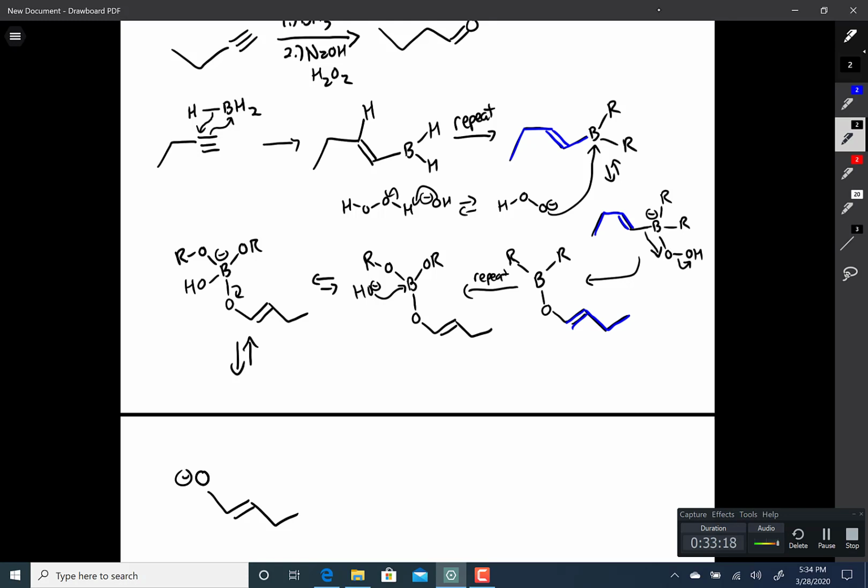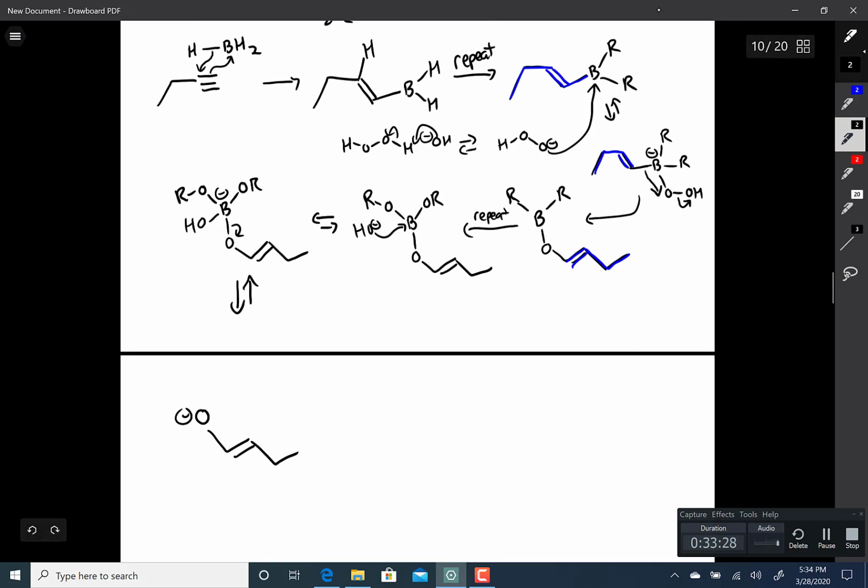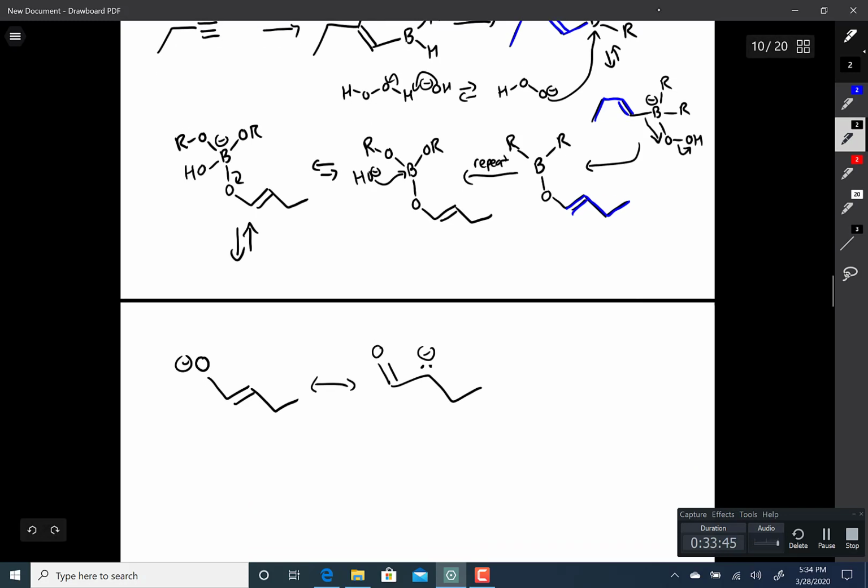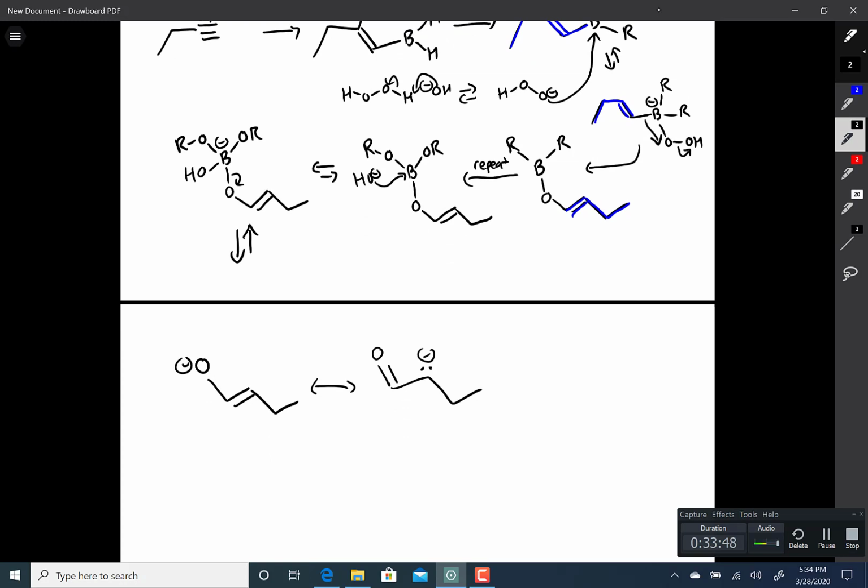Now, what would happen in the hydration of alkenes is you protonate that molecule, the O-. And that's what you do here, except this just happens to be resonance stabilized. And your acid, in this case water, can protonate either the O- or the C-.